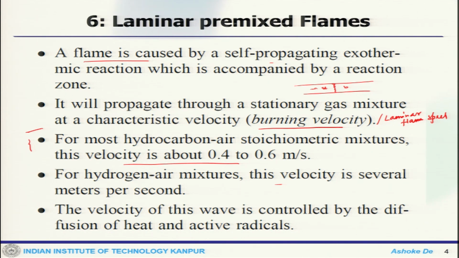Now, the velocity of this wave is also controlled by the diffusion of heat and active radicals. That is always obvious, because once the reaction starts in any reacting system, there would be formation of active radicals, and that will also produce some heat.